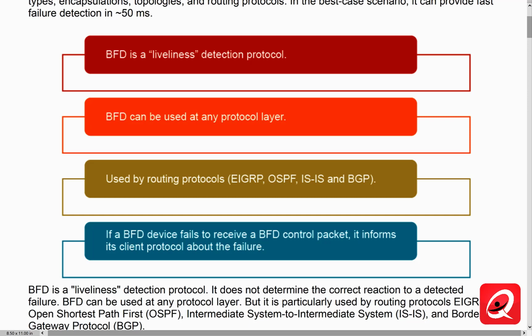So again, we don't really talk about the specifics of the protocol, as far as how we configure it and so on. But that's easily identifiable in Cisco documentation. If you go to cisco.com and search on configuring bidirectional forwarding detection for EIGRP, you can find lots of different documentation on that.